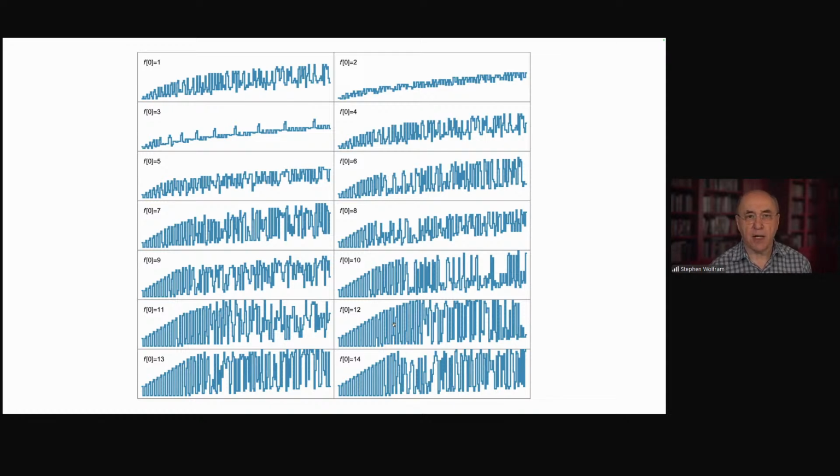So we can see that all sorts of different things happen. With f of 0 equals z, let's say, the lookback goes to minus z for z greater than or equal to 3, and to z minus 4 for z equal 1 and 2.